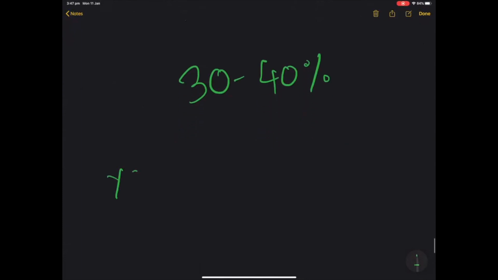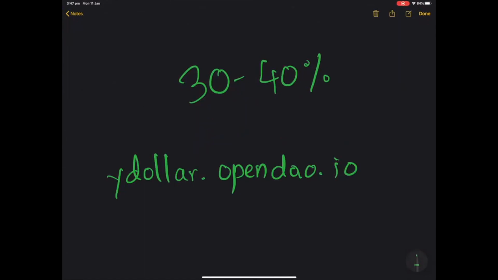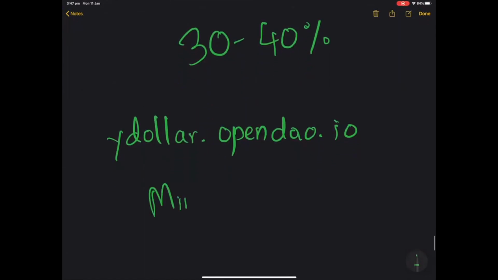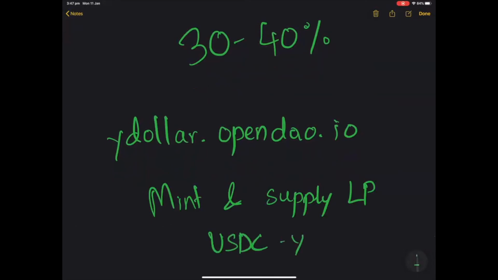Just go to yDollar.OpenDAO.io, mint some $Y and supply liquidity to the USDC $Y pool. And you will be airdropped UMA tokens based upon your proportion of the overall Balancer pool, but the return is currently around this much. So it's pretty healthy.